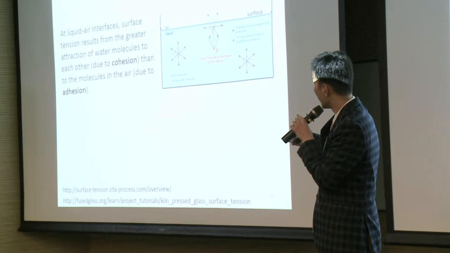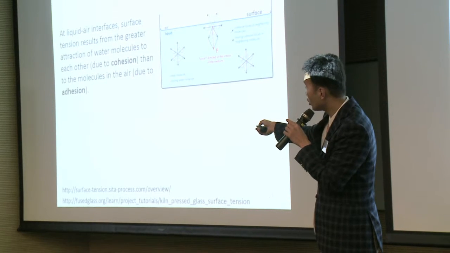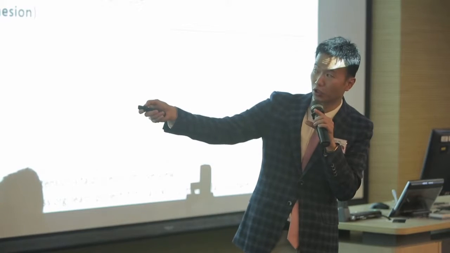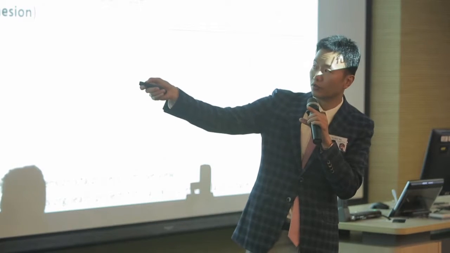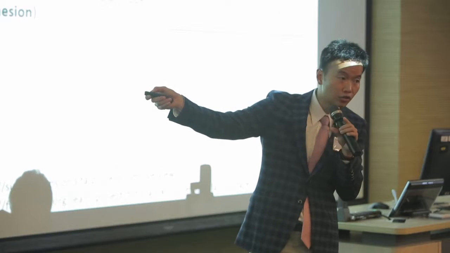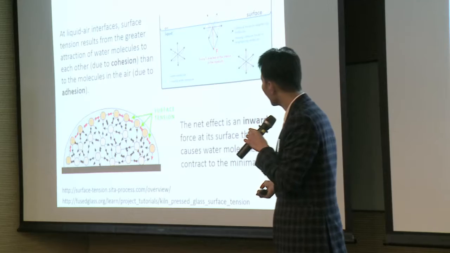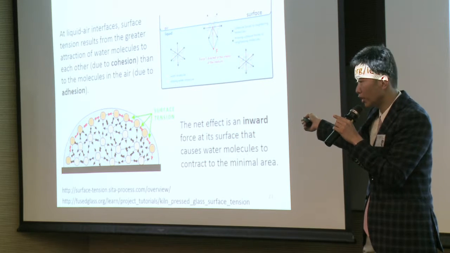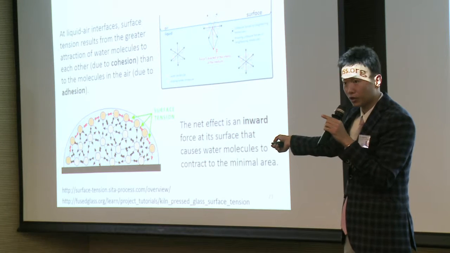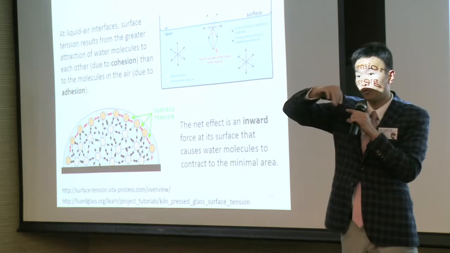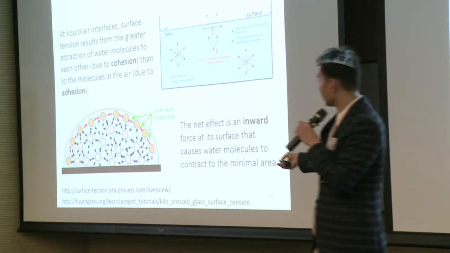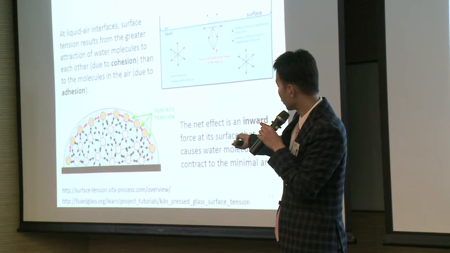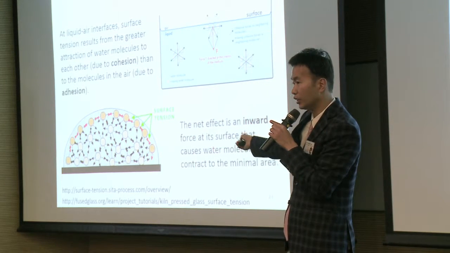So while we were talking about the cohesion between each other versus the adhesion with the interface, with the air and the liquid surface, what happens is that when you have a bunch of unhappy water molecules at the surface, they still want to get closer to each other, so they curve up. So that's why you have this hydrophobic surface. So you're talking about surface tension here.